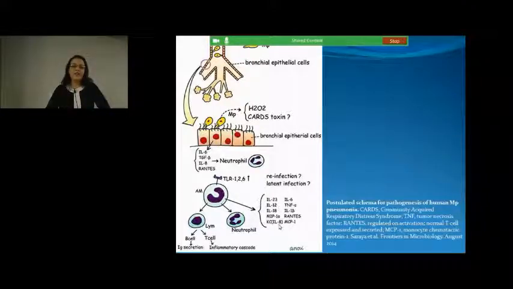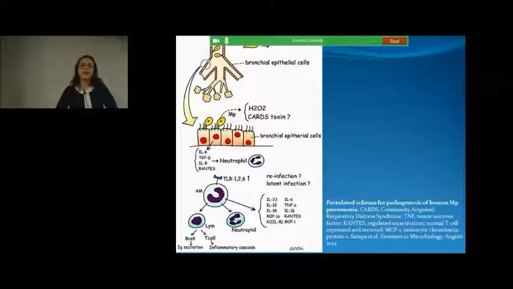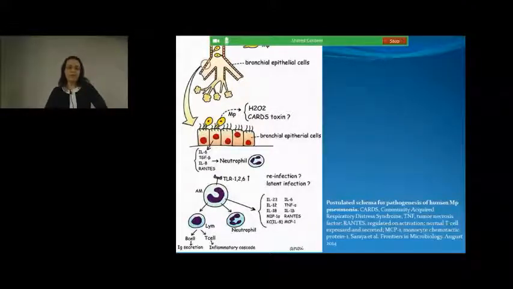Those cytokines are very important because the amount of those cytokines in the lower respiratory tract is related to the severity of Mycoplasma pneumoniae infection. Interleukin-8 is going to stimulate the proliferation of lymphocytes, and interleukin-18 is a potent neutrophil chemoattractant. Subsequently, there is going to be a local exudate comprised of lymphocytes and neutrophils in the lower respiratory tract.